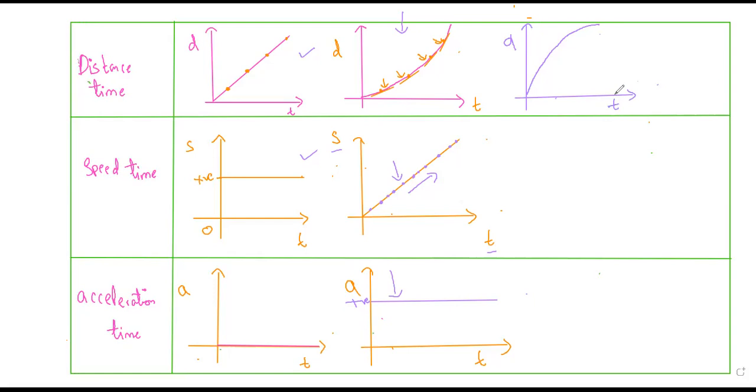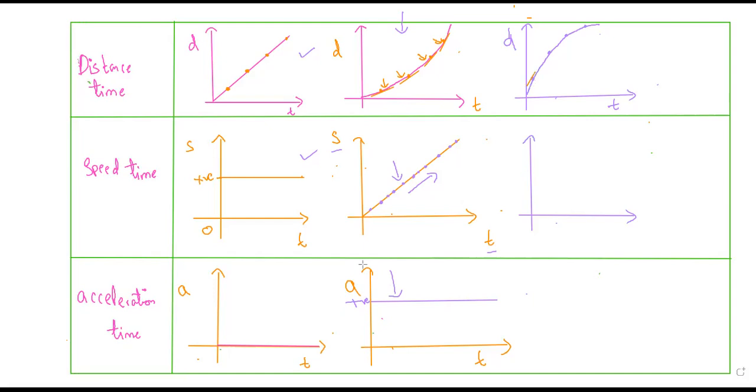Forget about everything. Just know that your first step would be to make the speed time graph. In order to make the speed time graph, you are just supposed to study the slope of the distance time graph. And how are you going to study the slope of the distance time graph? By making different tangent lines. I'm just going to make different tangent lines for you, and then I want you to tell me whatever you think about the graph.